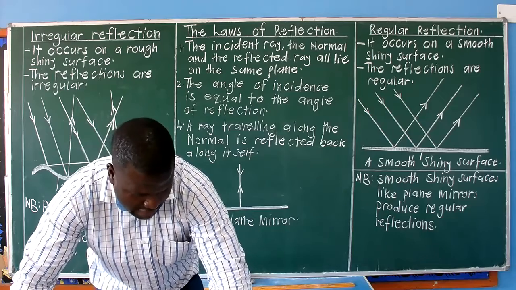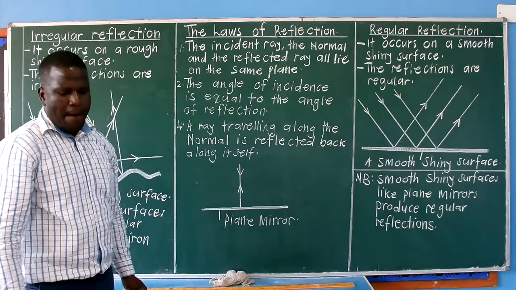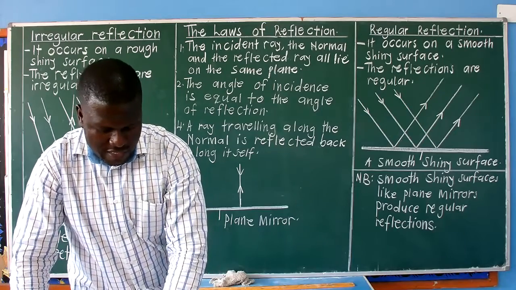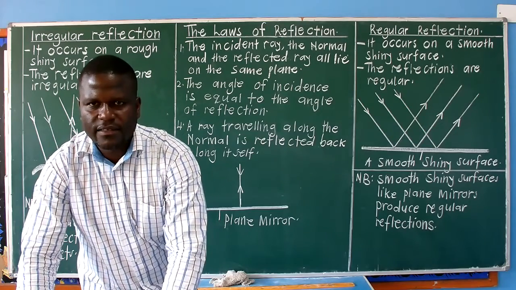Then, number 5: an object appears a certain color because it reflects that color and absorbs other colors.